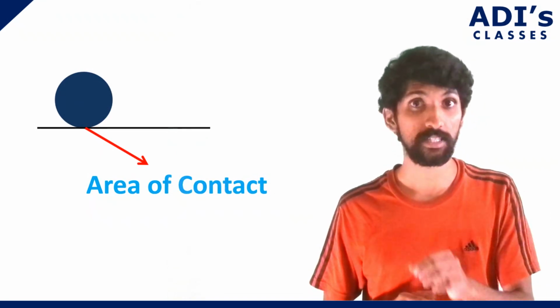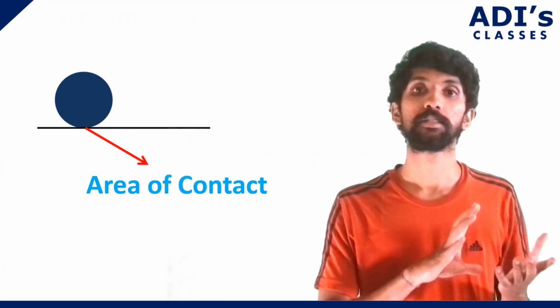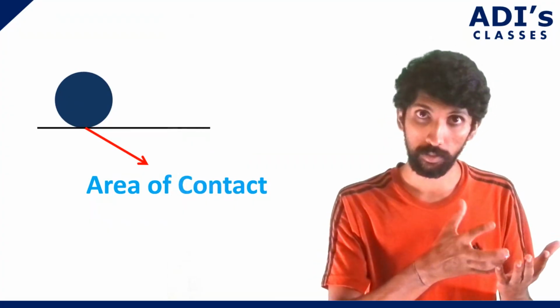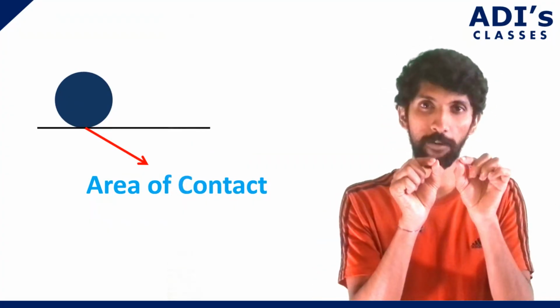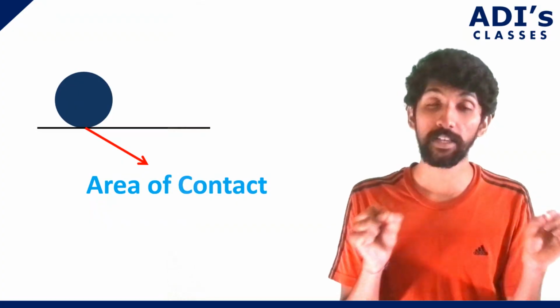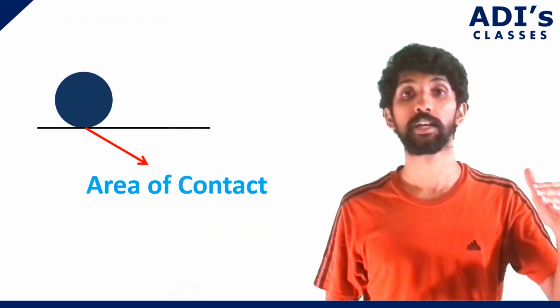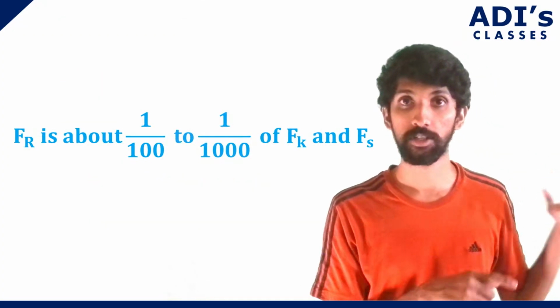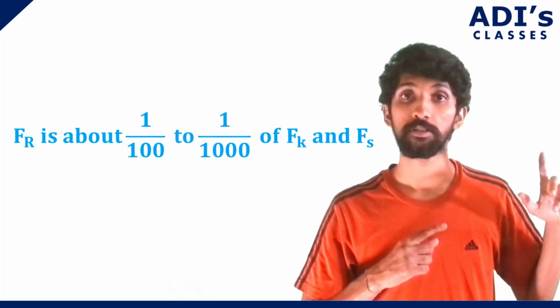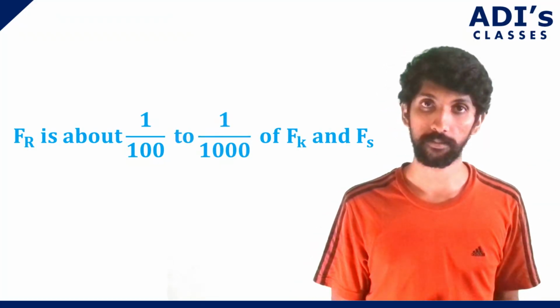Now, as the body rolls over another body, there is a very small surface area in contact with the surface. For example, let's say you have a cylinder and it starts rolling.